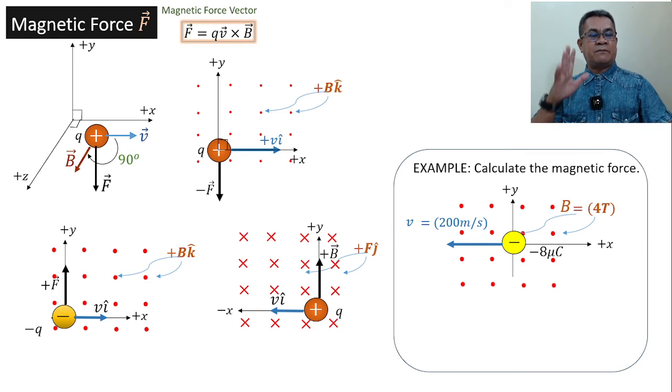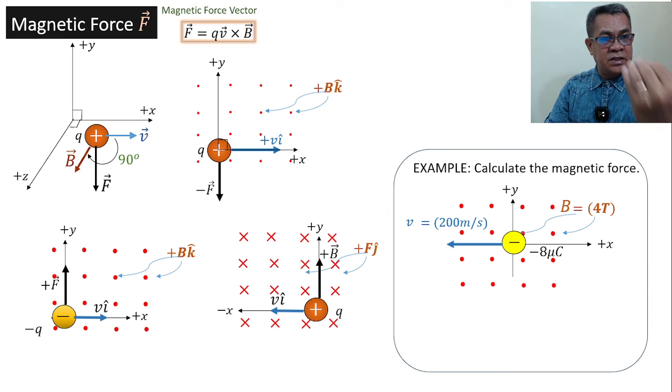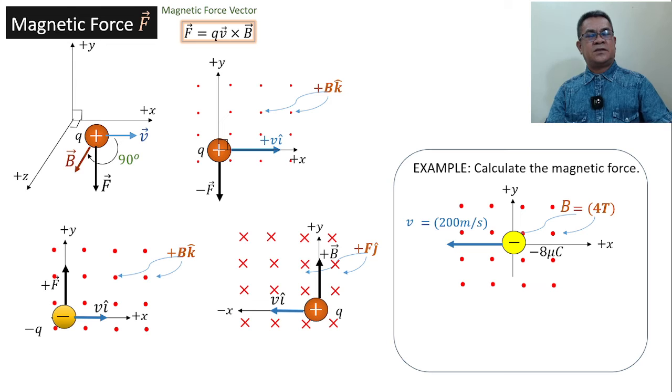Suppose the problem says that the particle is placed in the presence of a magnetic field, wherein the magnetic field has a magnitude of 4 Tesla, and because this is a dot, that means the tip of the arrow travels towards you, towards your eyes. So, it is positive z-axis.